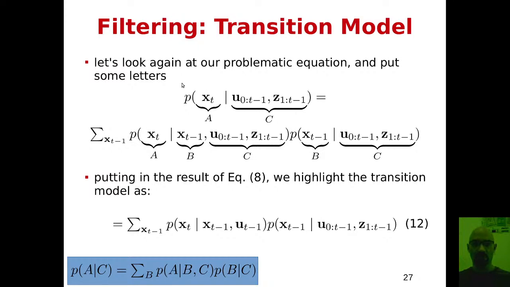And so we replace this equation over here by this summation in the bottom. Okay? And then we could rewrite that this is equal to the sum over possible previous states of the transition model multiplied by another probability distribution over the previous state, conditioned on all the previous measurements and all the previous controls.